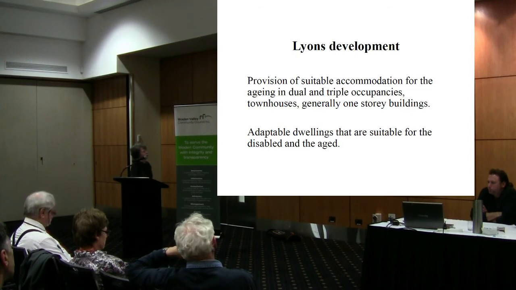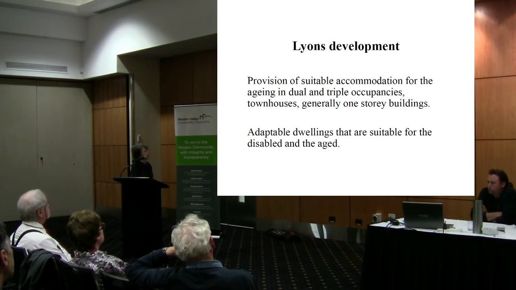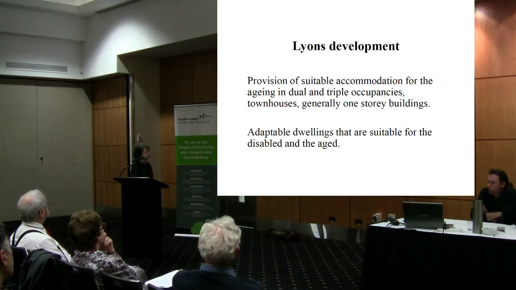In terms of Lyons development, I'd like to see more suitable accommodation for the aging, in dual, triple occupancy townhouses, generally one-story buildings, and in adaptable buildings that are suitable for the disabled and the aged.